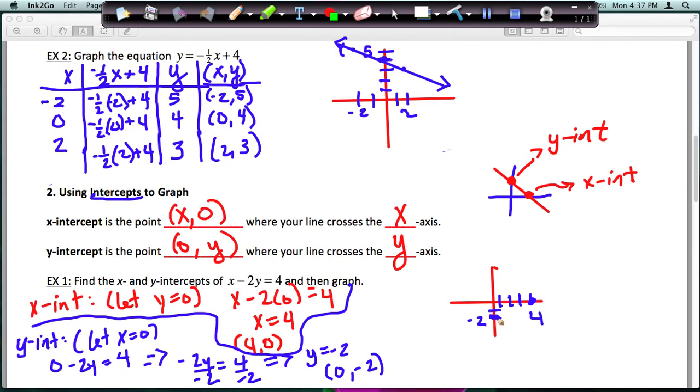And you see this is much faster once you find the intercepts. And then I just need to draw a line through those 2 points right there. And we have the graph of the equation of the line x minus 2y equals 4. So go ahead and try example 2 and then come back and see if you graphed that one correctly.